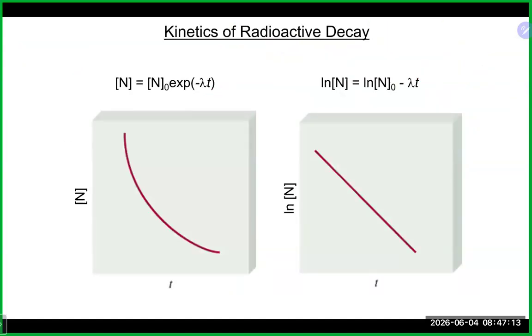Now, in addition, we have our normal first order plots, right? This is our concentration versus time decreasing with time. This is our y equals mx plus b version of this, where we rearrange this. And that's our y is equal to mx plus b.